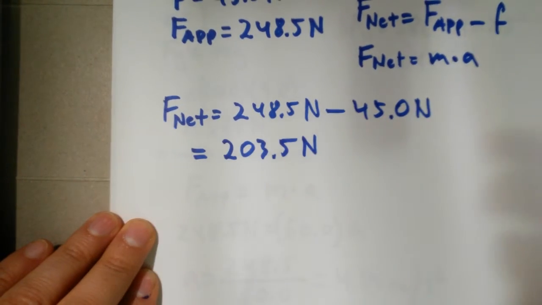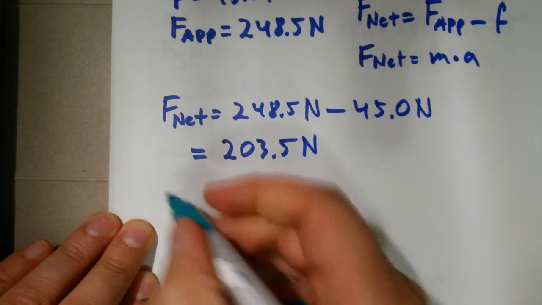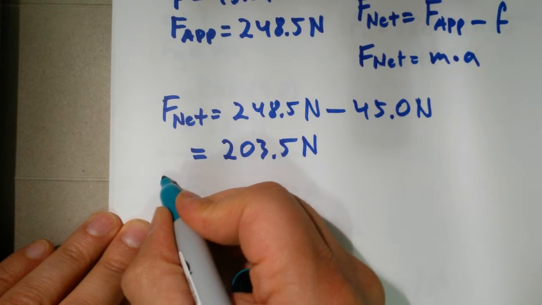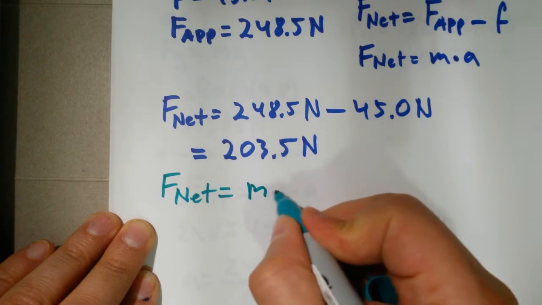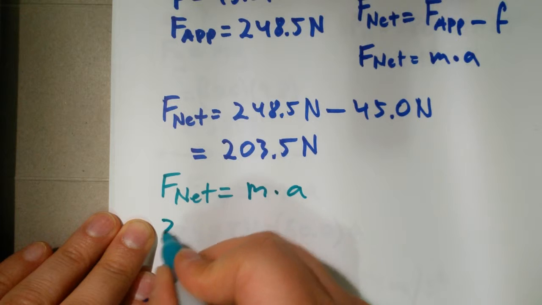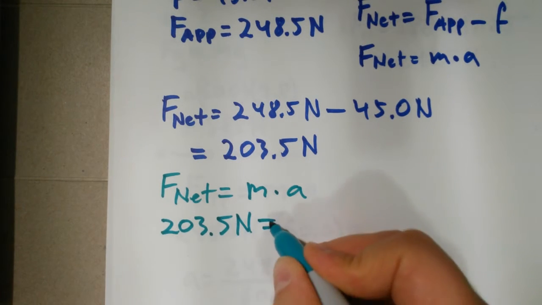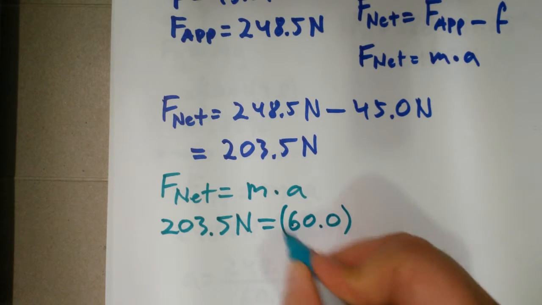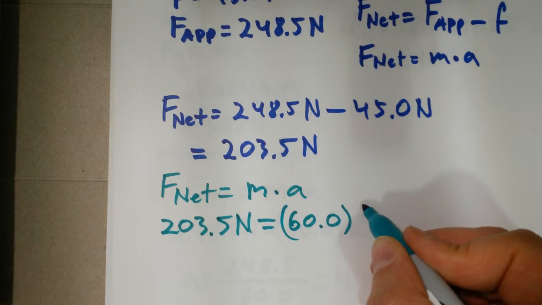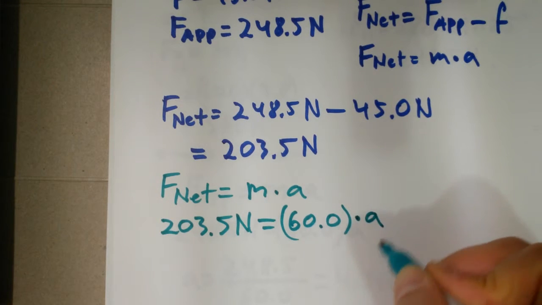So I'll continue here with green. I hope you're not colorblind, but in any case, mass times acceleration. Okay, so we write down 203.5 newtons, which is our net force, equals 60 kilograms, which is the mass of the skier, times the acceleration.